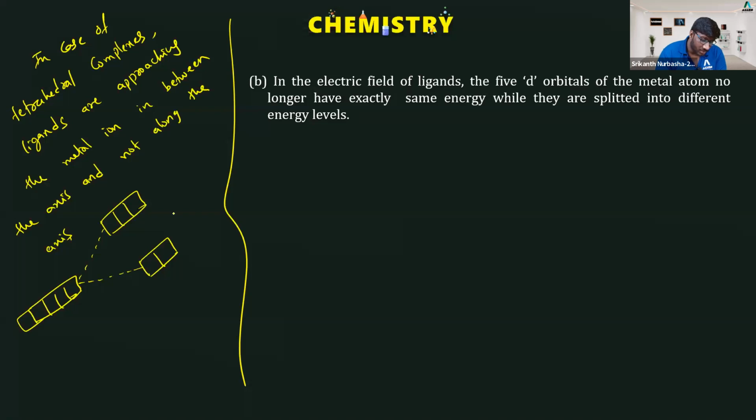But in the tetrahedral splitting, instead of T2g and Eg, we call them T2 and E sets. In the E set, we have dx square minus y square and dz square. In the T2, we have dxy, dyz, dzx. Understood now, students? Instead of T2g and Eg, we call them T2 and E in case of tetrahedral splitting.